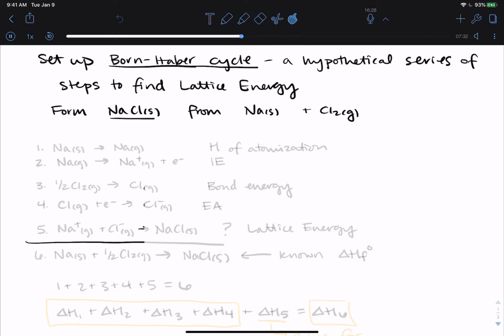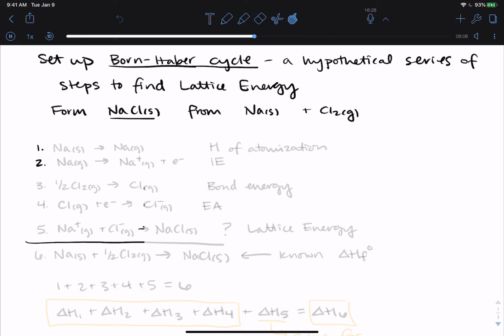So to get sodium chloride solid from constituent elements in their standard states, you can have these steps in any order. So if you thought of a different step to go earlier, that's totally fine. I know that I need to turn sodium into a sodium 1+, and I need to use the ionization energy for this.